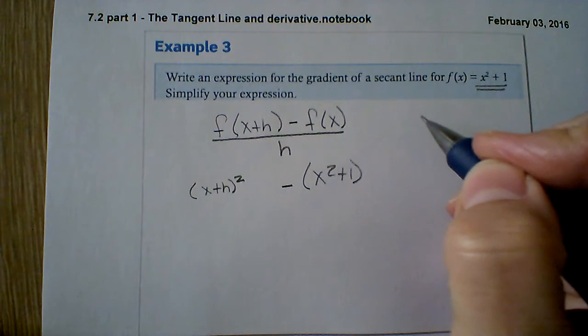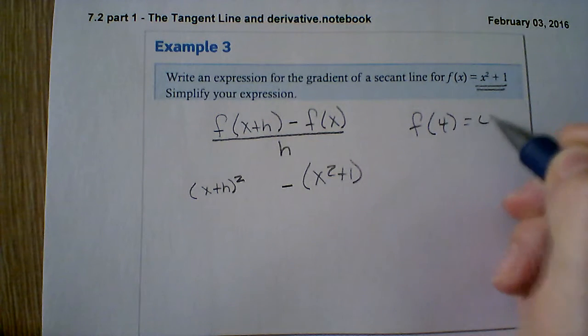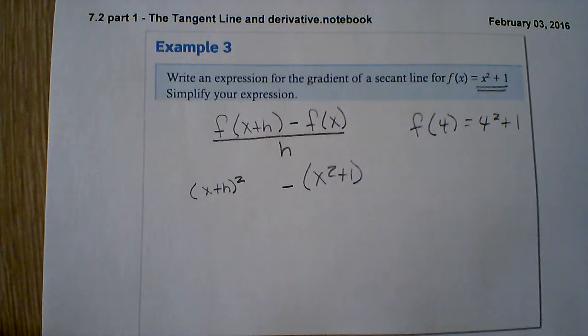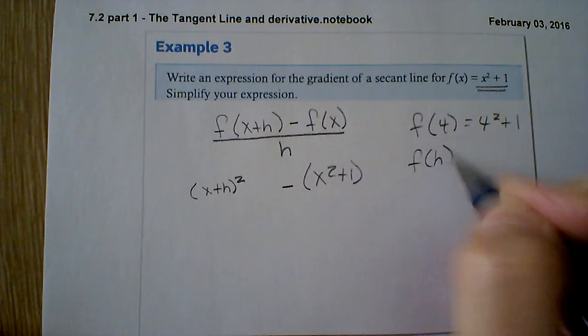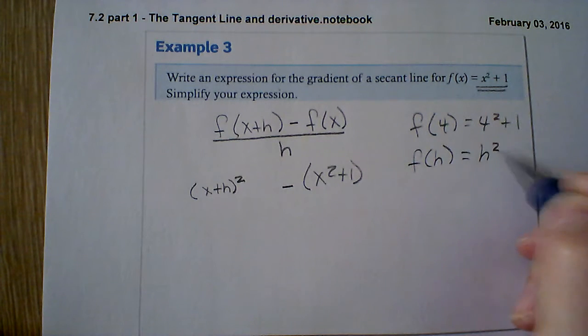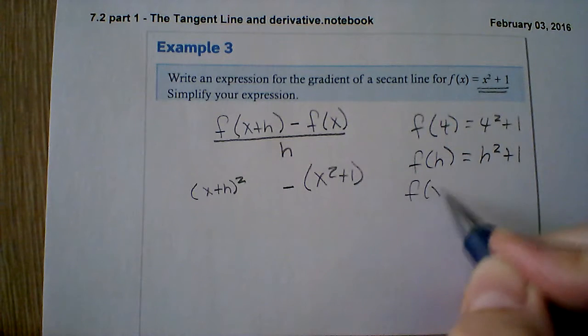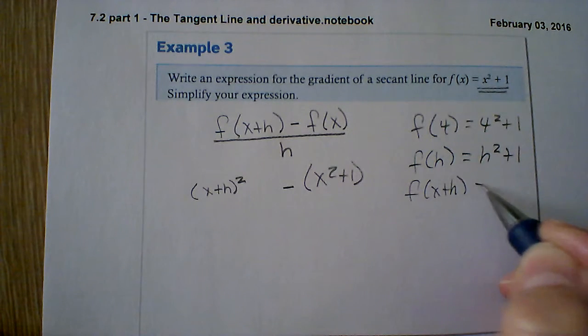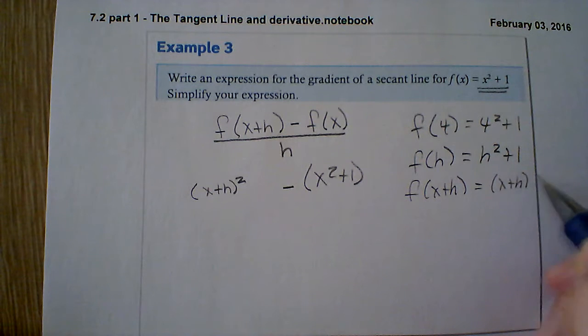Okay, let's take a step backwards, girls. If this is my function, f of 4 is 4 squared plus 1. Agreed? F of h would be h squared plus 1, right? So f of x plus h would be x plus h squared. You're catching on, okay?